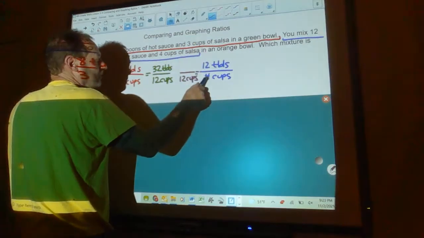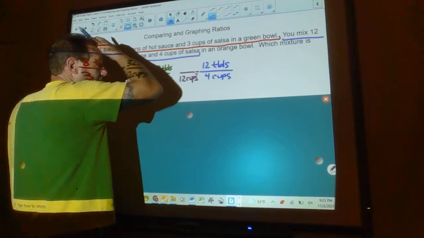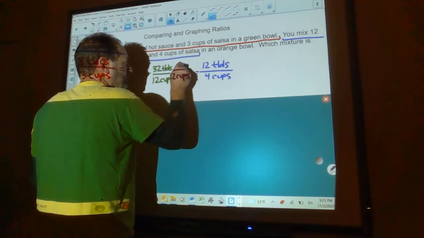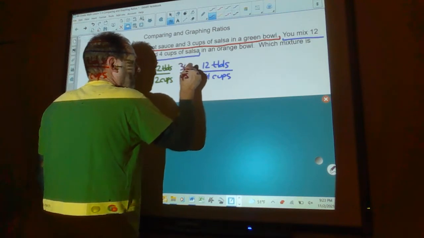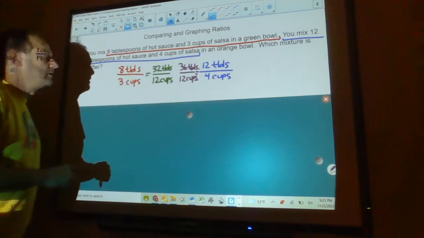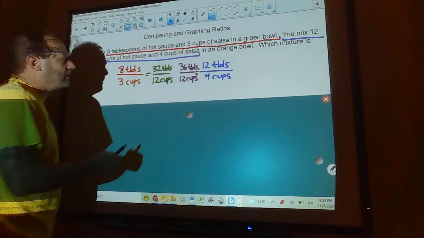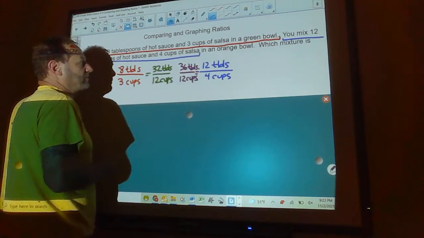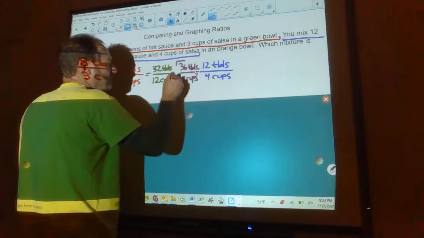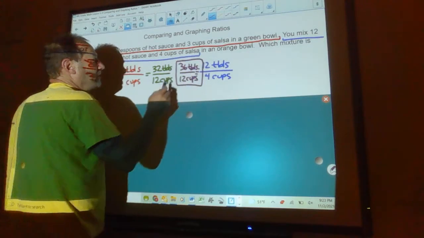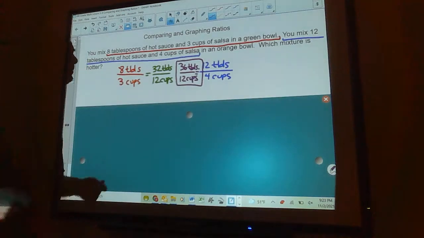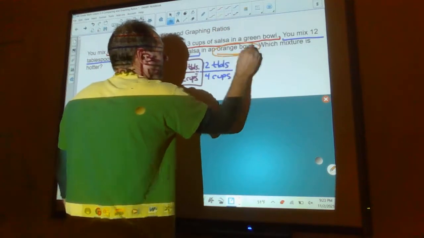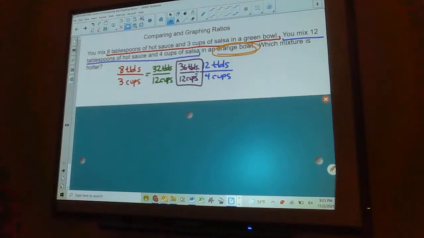And over here, we went 4 times 3 is 12, so 12 times 3 is 36 tablespoons. So now we've got them compared in the same units. We can compare: this one has 36 tablespoons of hot sauce, so this is going to be the hotter one. So the orange bowl ends up being the hotter one.